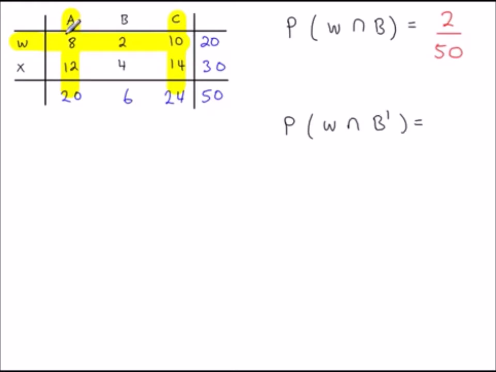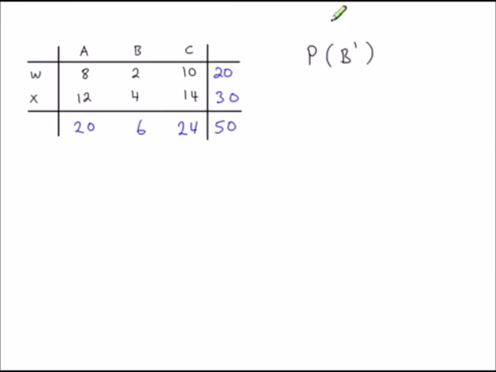Which numbers are in W and they're not in B? Okay, the 8 there, it's in the event W and it's not in B. The 10 is in event W but not B. So you add them, 8 plus 10 out of the table total 50. And you can simplify these afterwards. You've got 18 out of 50, you can cancel it down later.